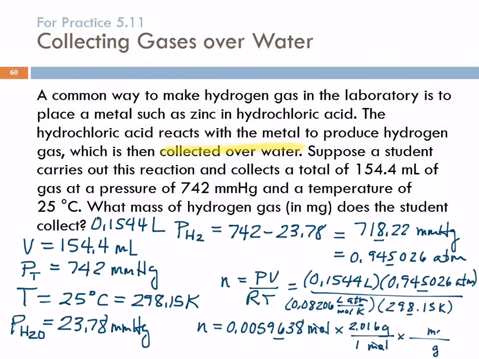Grams on the bottom, milligrams on top. Grams cancel out. So I've got my moles times 2.016 divided by 1 E negative 3. 3 sig figs, 12.0 milligrams of hydrogen gas. Any questions?